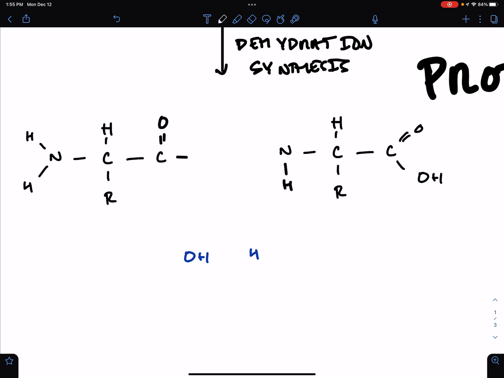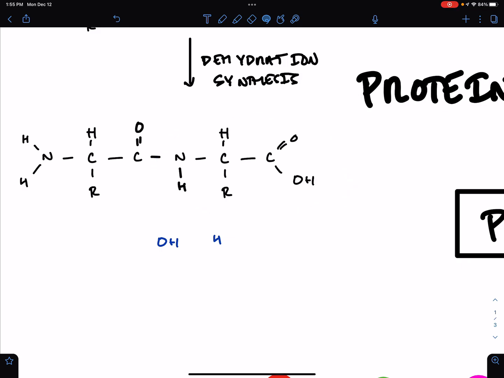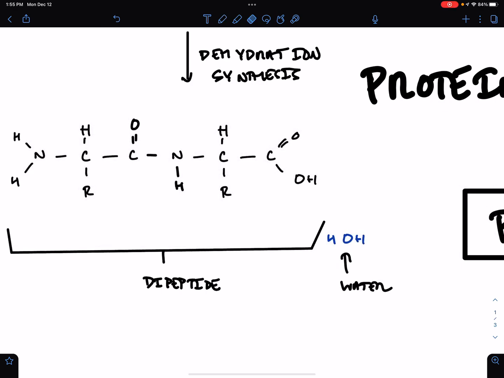What happens is we get a water and a dipeptide. So this is our dipeptide, and water, and this bond between the amino terminus of this amino acid with the carboxyl end of this amino acid is called a peptide bond.